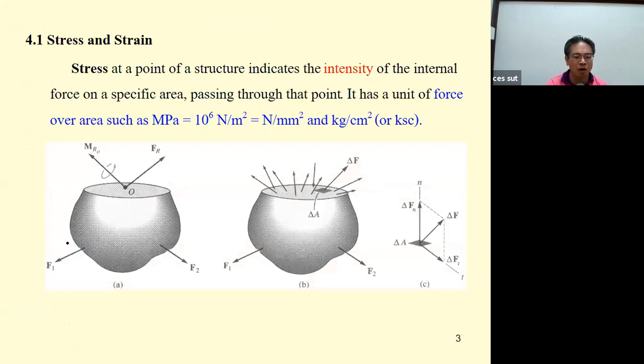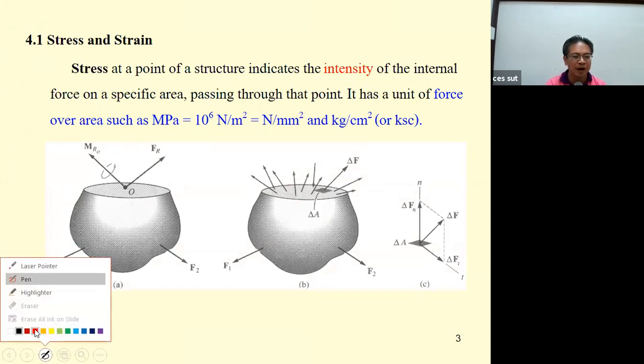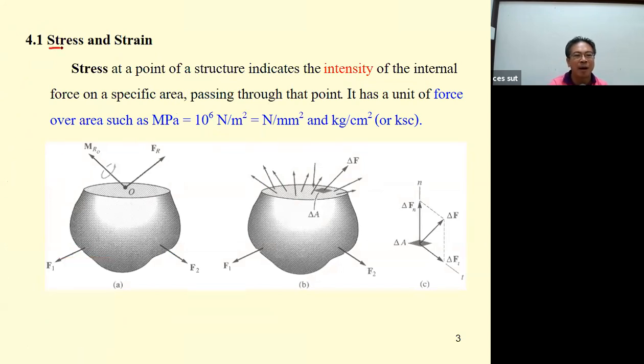I told you from the previous slides about the stress and about the strain, and you may see that the stress and the strain come from the so-called external forces. For example, this one is external forces, this one external forces, and external forces actually can also be moment.